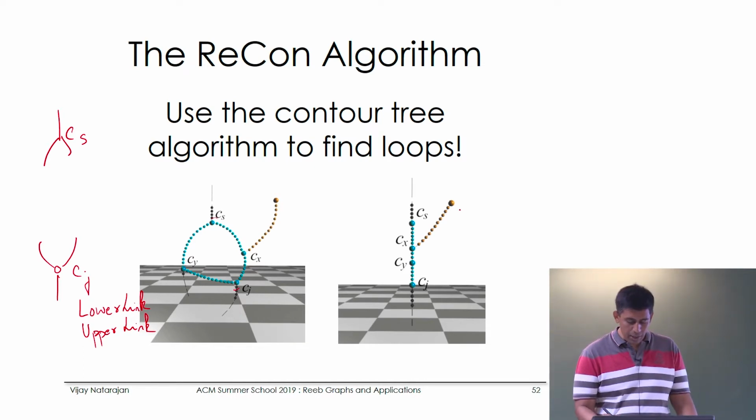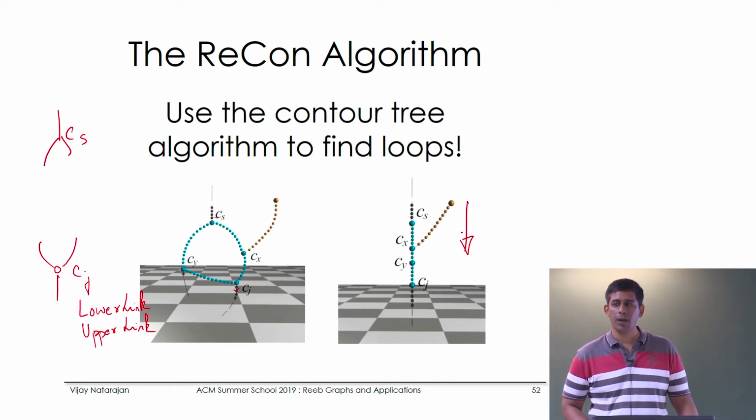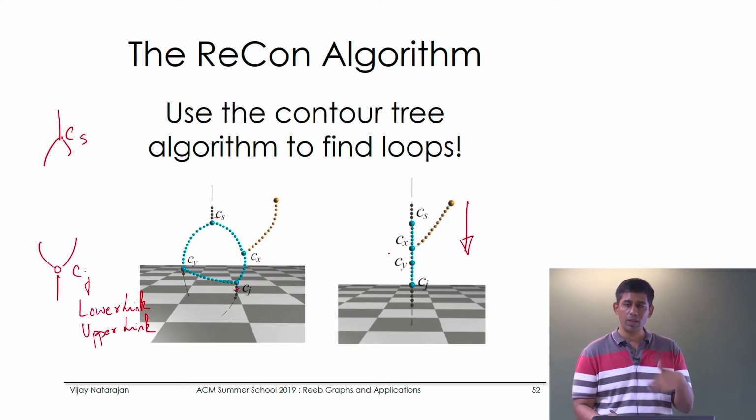So, let us say you run the union find sweep in the downward direction. This is the tree that you will get, because this component will merge with this one, but the loop will essentially get squished. C sub y will no longer be a node in the graph, but it will be a node in the augmented graph. That is why I am showing it.